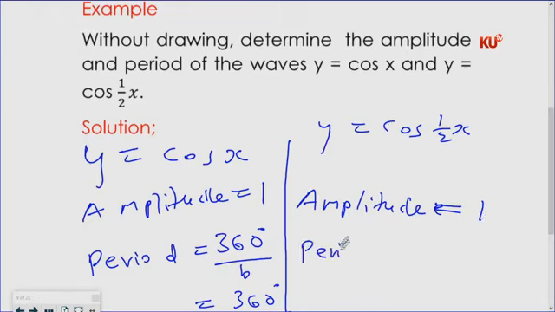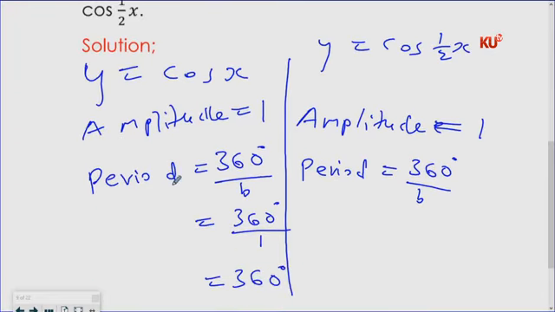Then the period. The formula is very important: 360 degrees over b.